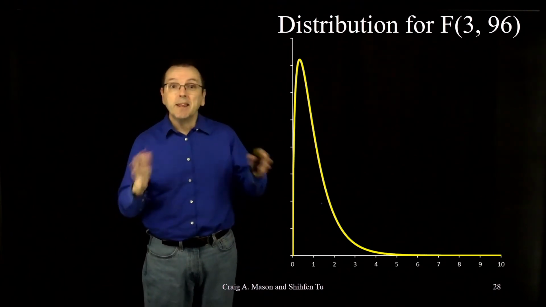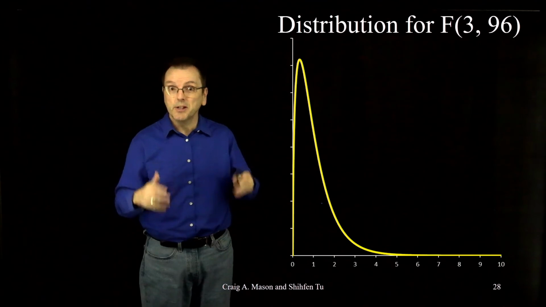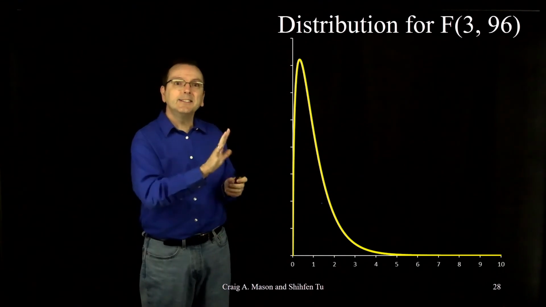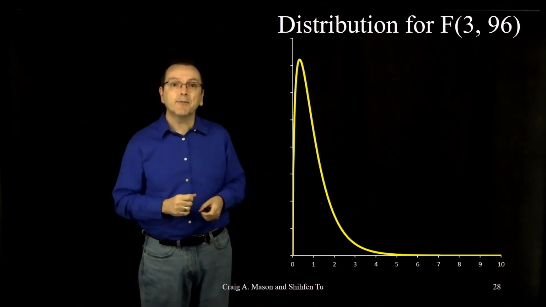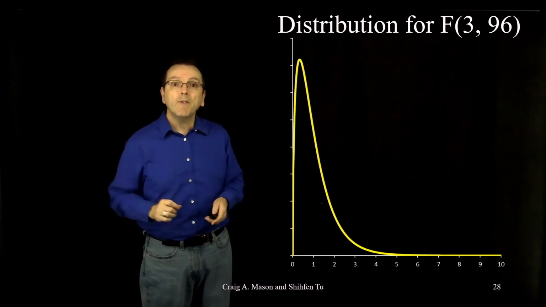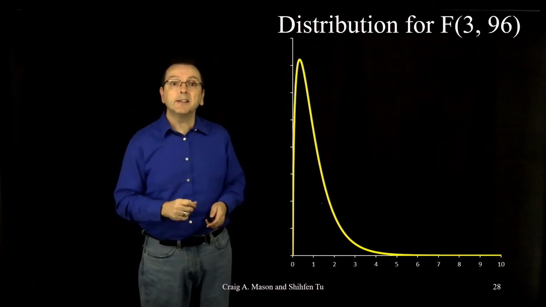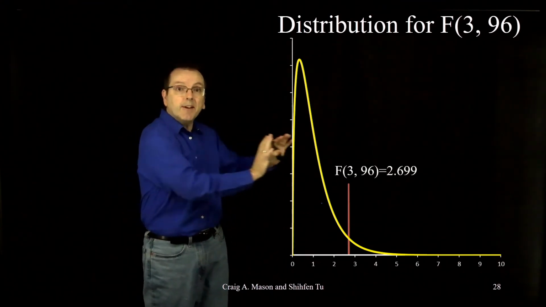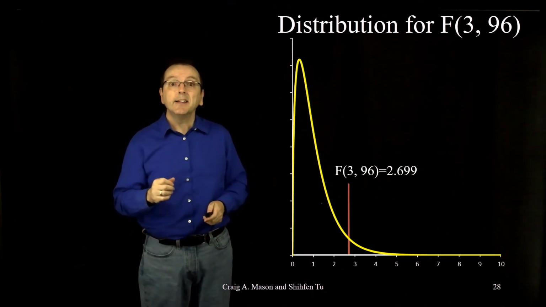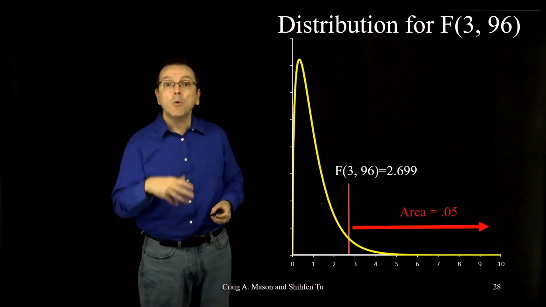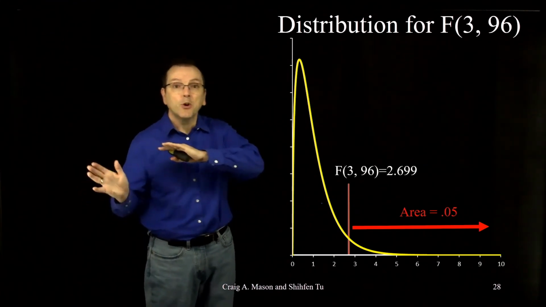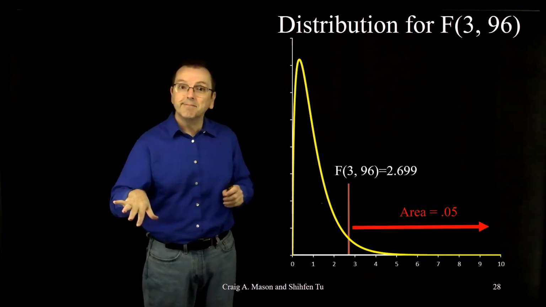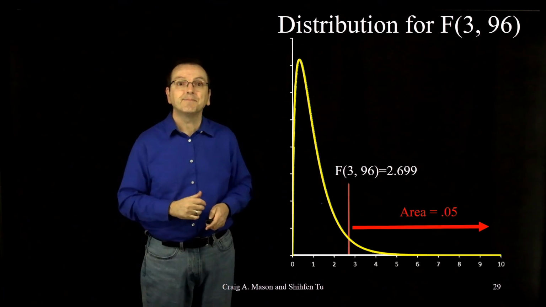Well, again, because the shape of the F distribution varies based on the degrees of freedom, it depends on the degrees of freedom. In this case, with 3 and 96 degrees of freedom, if alpha is 0.05, the critical F we need is equal to 2.699. The area above an F of 2.699 is equal to 0.05 or 5%. If F is greater than 2.699, you reject the null. If it's not, you fail to reject.